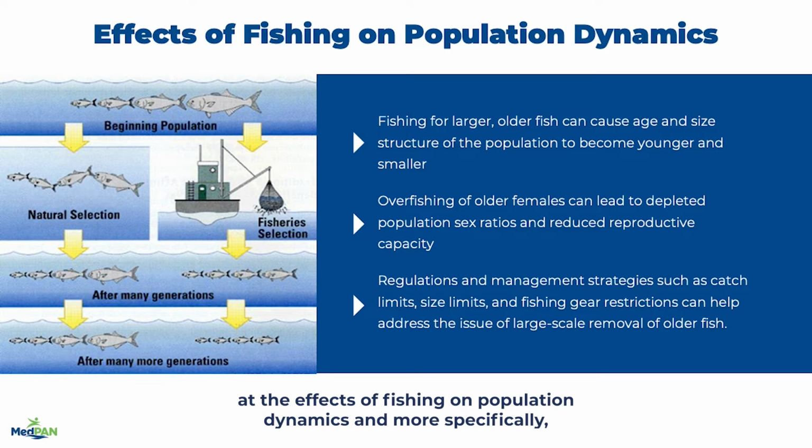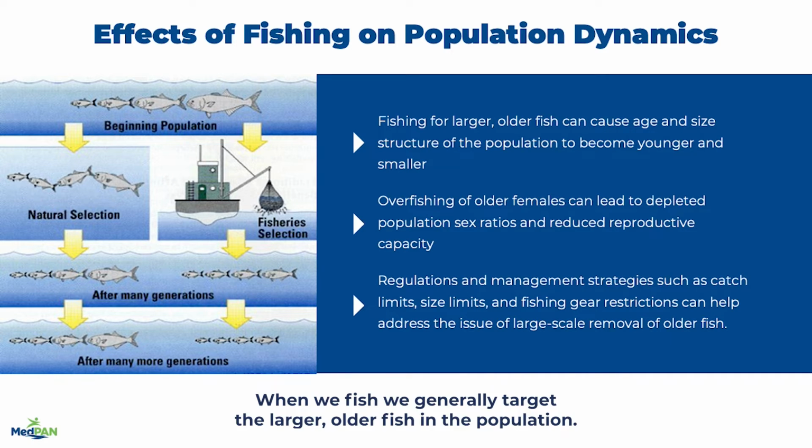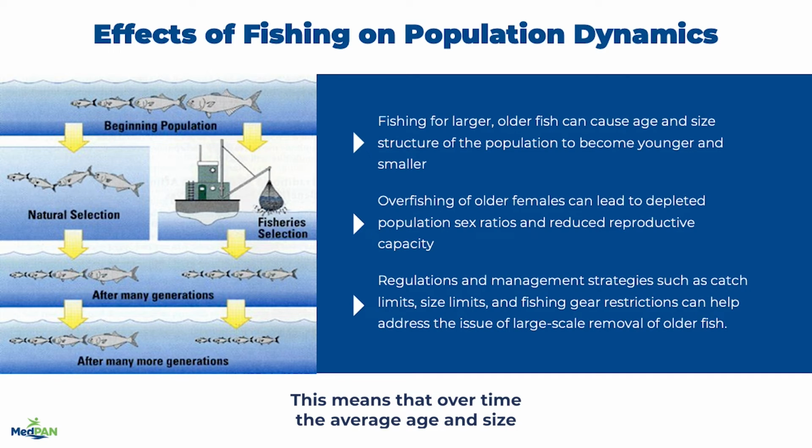Let's now take a look at the effects of fishing on population dynamics, and more specifically the consequences of large-scale removal of older fish. When we fish, we generally target the larger, older fish in the population. This means that over time, the average age and size of the fish in the population becomes younger and smaller.